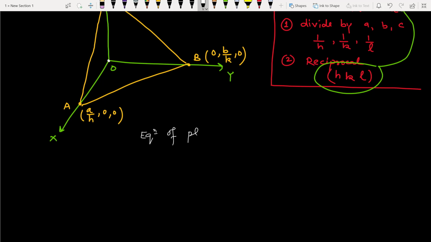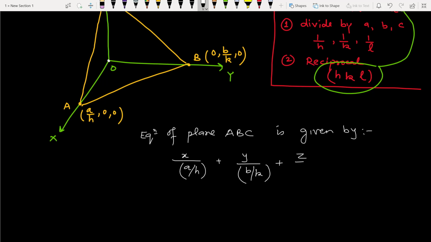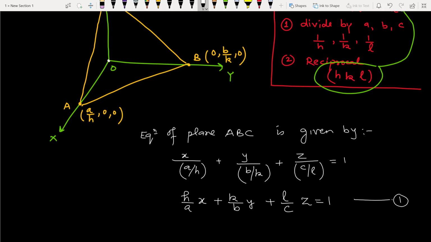The equation of plane ABC is given by x over a by h, y over b by k, z over c by l. So this plane will be h over a x, k by b y, l by c z equal to 1. So we mark this as equation number 1.